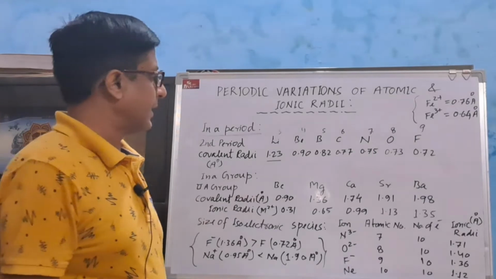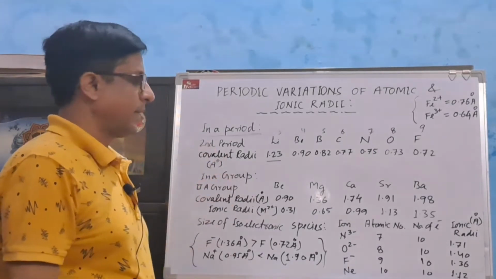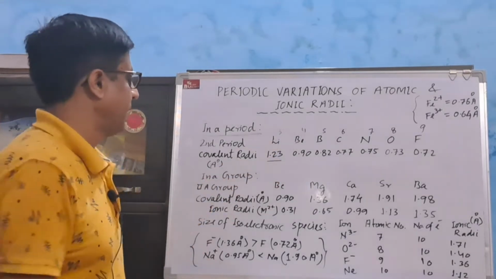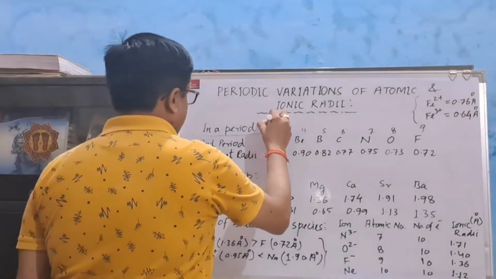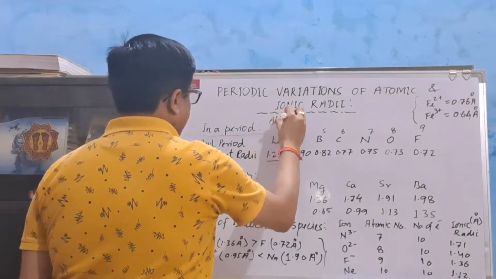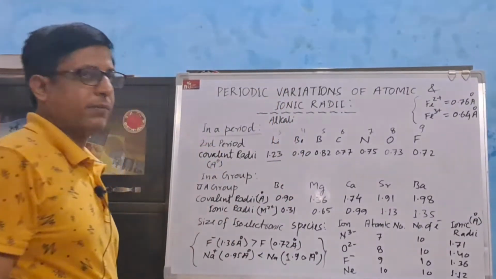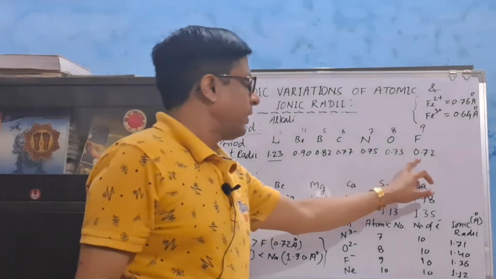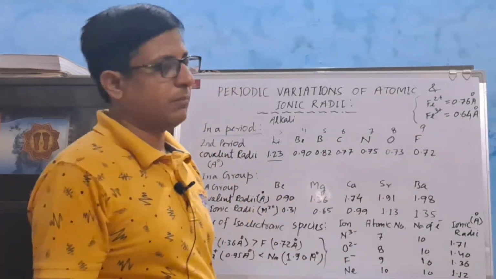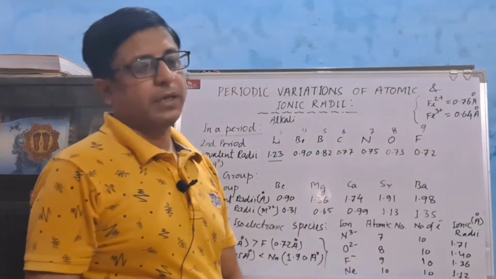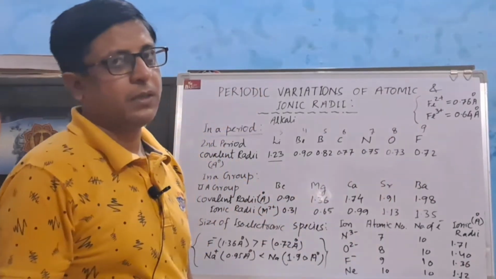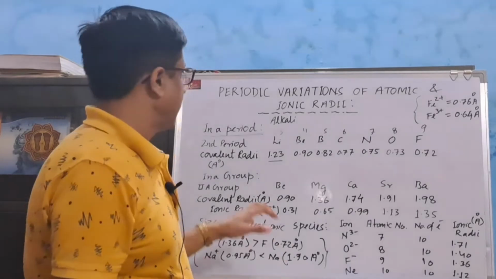Thus we see that in case of second period elements, or in the periodic table, the first group is alkali metals. Alkali metals have the largest covalent radii, while if we consider the halogens or inert gas elements in the same period, then they have the smallest size.